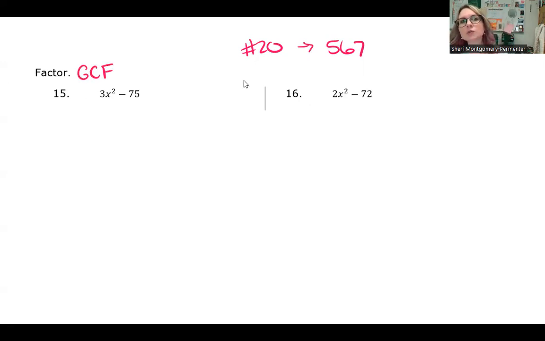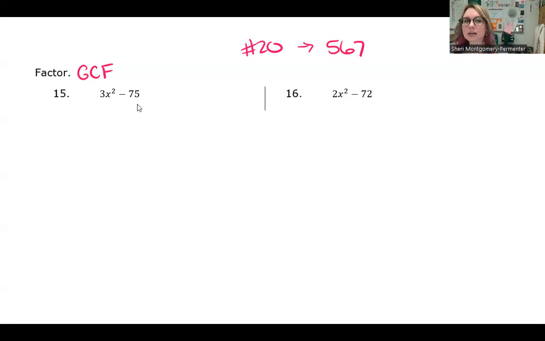When we look at the first one, is there a number that can go into 3 that can also go into 75? Is there a number that can go into 3 that can also go into 75?